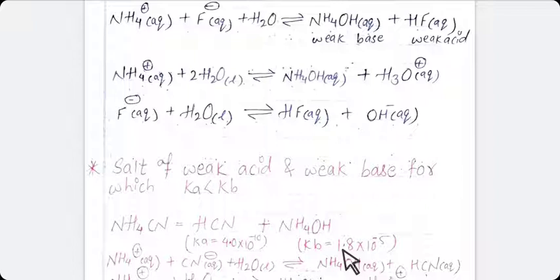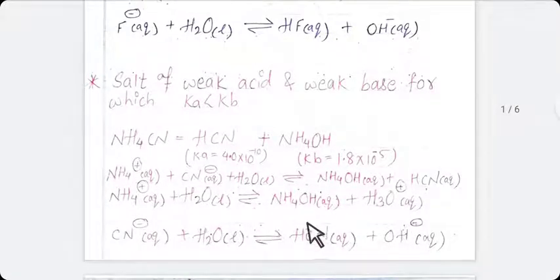Now we are taking the reaction where NH4CN, ammonium cyanide, is dissolved in water and hydrolyzes, as clearly seen by this reaction. NH4+ (aq) + CN- (aq) + water gives NH4OH plus HCN, a weak base and weak acid again.